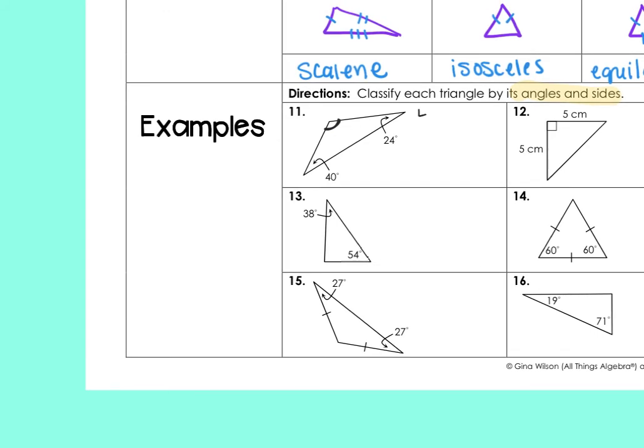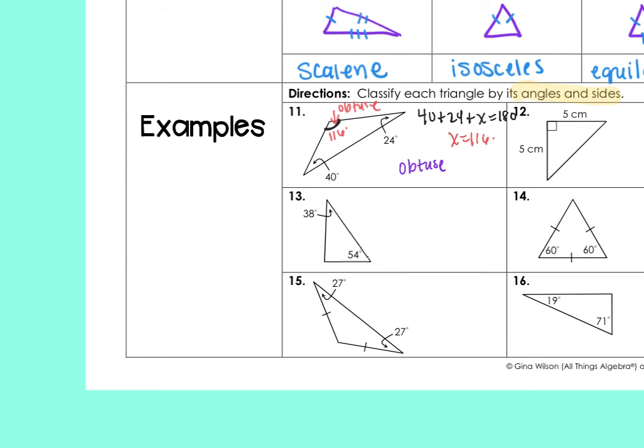So we know that 40 plus 24 plus that third angle have to equal 180. So let me work that out real quick for you guys. I got 116. Notice that that angle is obtuse. So that means if we classify this by its angles, this is an obtuse triangle.